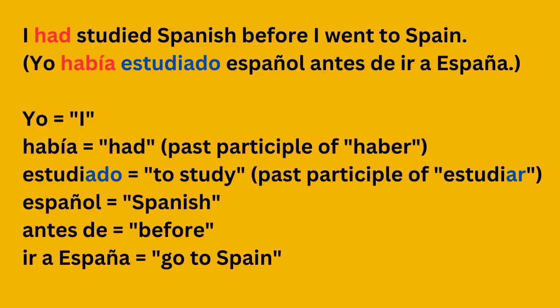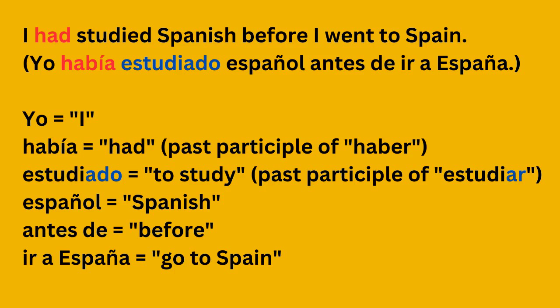If you want to say, I had studied Spanish before I went to Spain, how would you say it in Spanish using the past perfect tense? In Spanish, it would be, Yo había estudiado español antes de ir a España.